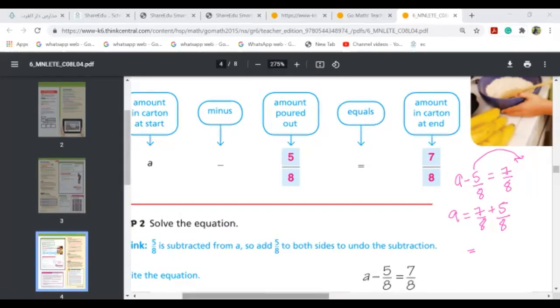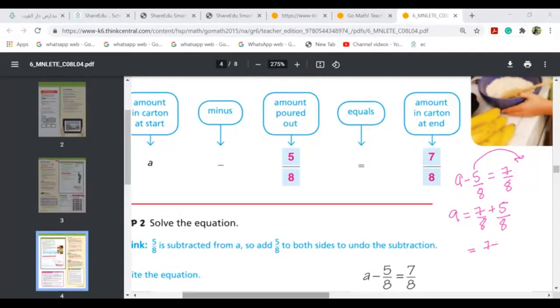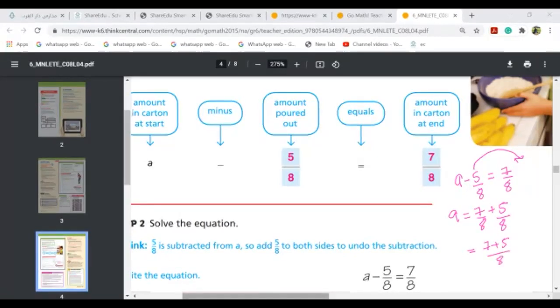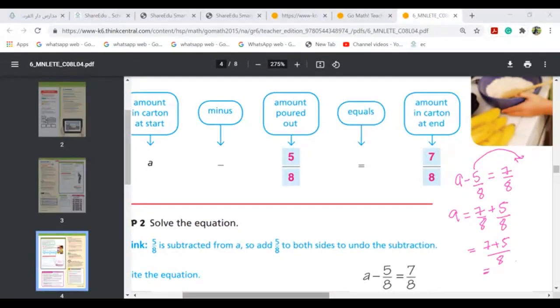Denominators are same, so I can add the numerators, 7 plus 5. If they are not same, you can never add the numerators. Because the 8s are same, I will add the numerators. 12 over 8 is my answer. Anyways, they did not ask you the answer. Just write this 2 and it will come down.